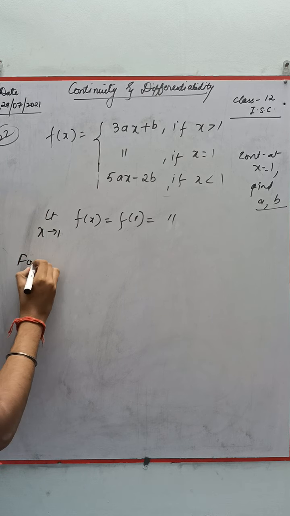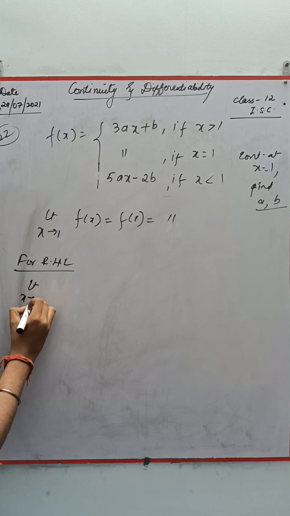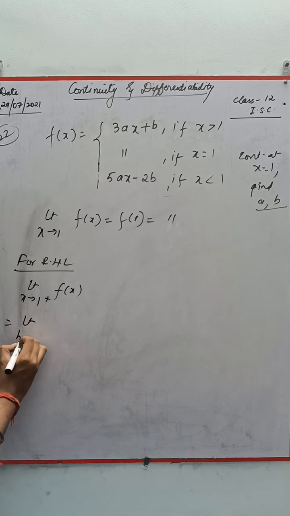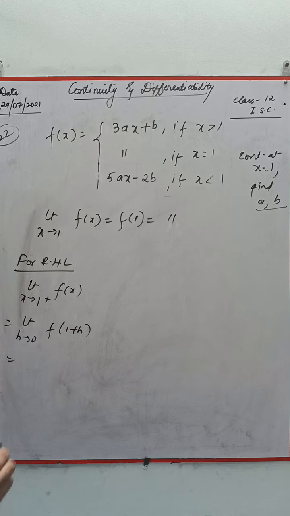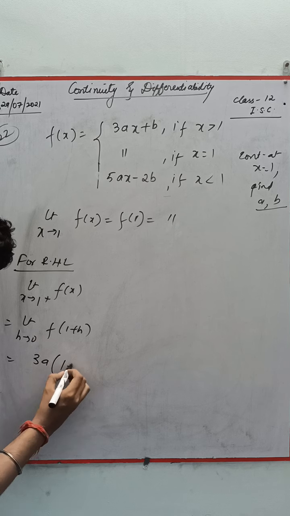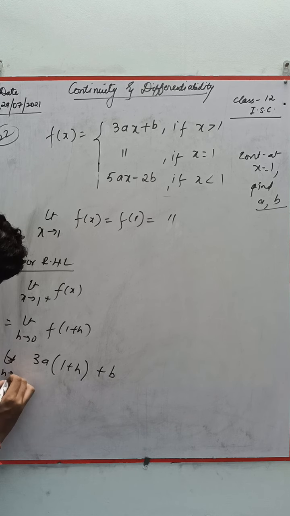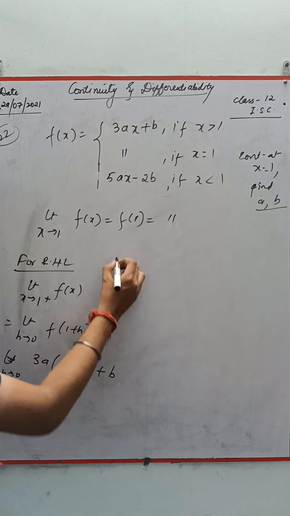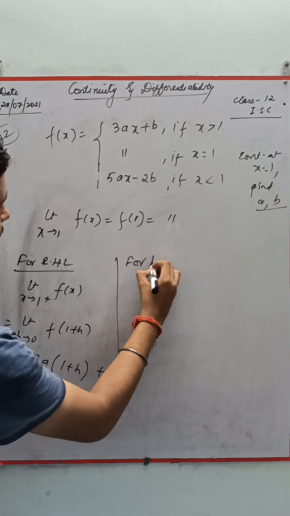So for RHL, limit x tends to 1 plus of f(x), which is h tends to 0, 1 plus h. In place of x, just put 1 plus h plus b. On putting the limits, we'll get 3a plus b. Similarly, in place of this, I'm directly writing for LHL.